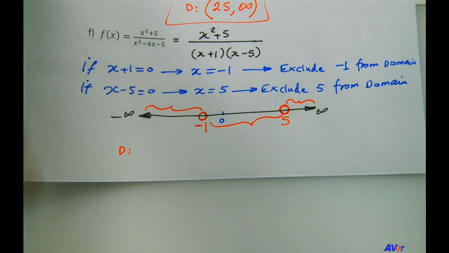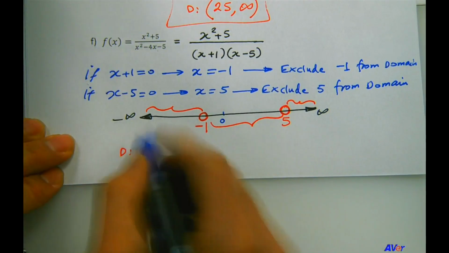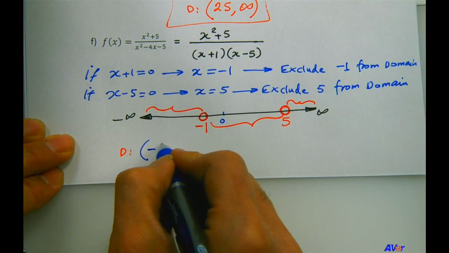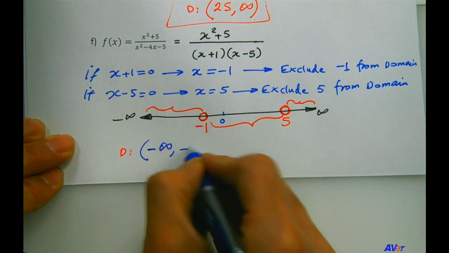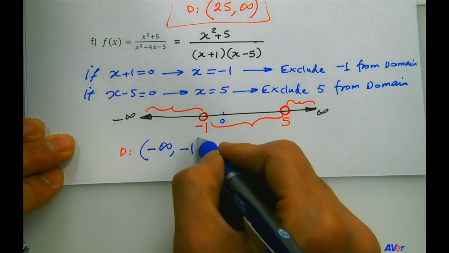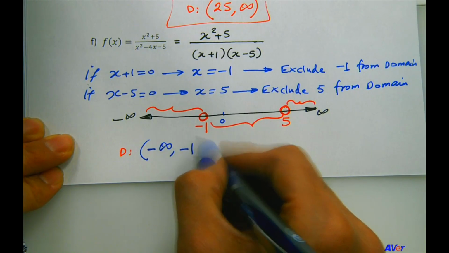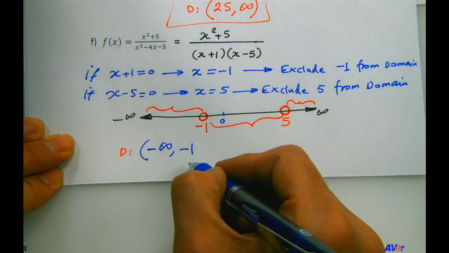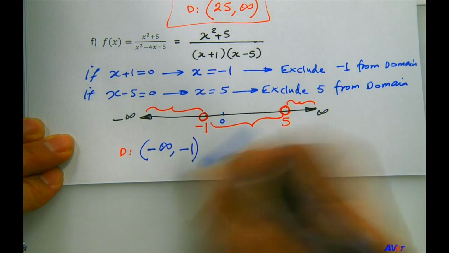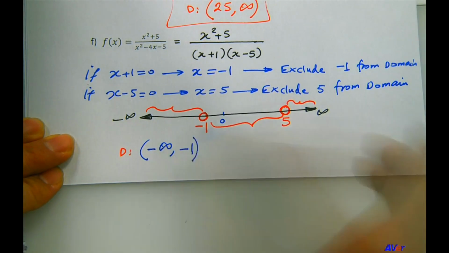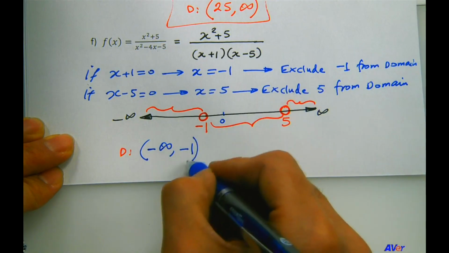So we can write this piece as parenthesis negative infinity, comma, negative 1, parenthesis or bracket? You guys sitting at home, what would you use, parenthesis or bracket? You should use parenthesis because -1 is excluded, and parenthesis guarantees that.